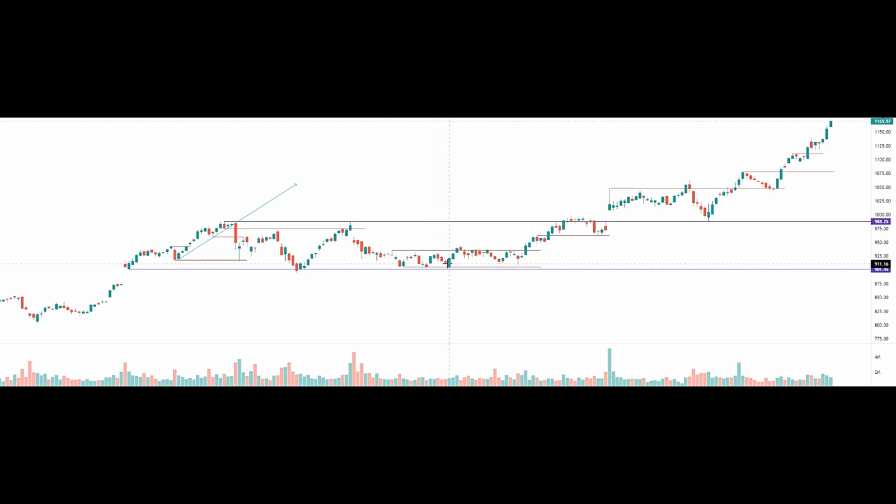Then the third time, what happened? There was a gap down, but then a bullish Marubozu candle formed and three continuous days came with buying, and this area of resistance and these two areas of resistance were broken. So prices went on increasing at this point.